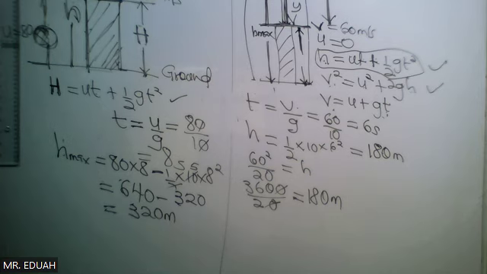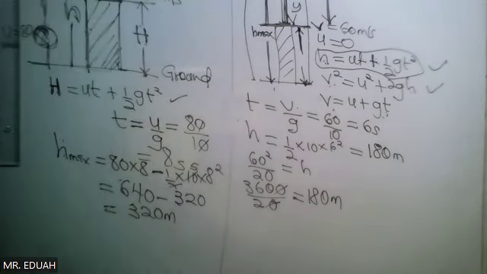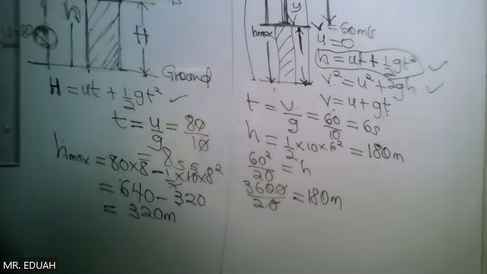If the height from the maximum height to the top of the building is 180, what will be the height of the building itself? How do we determine the height of the building? 960 minus 180.